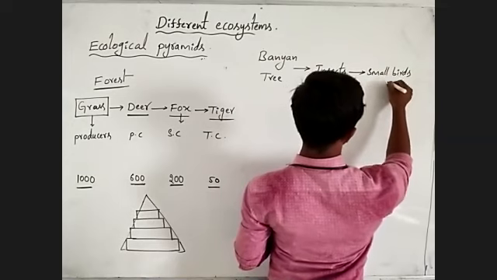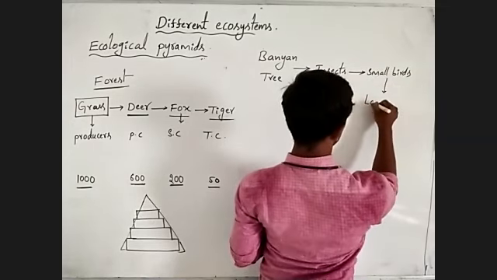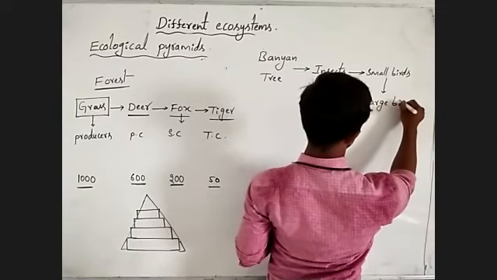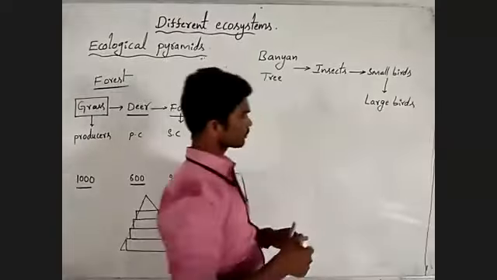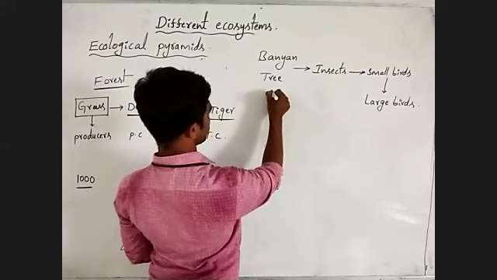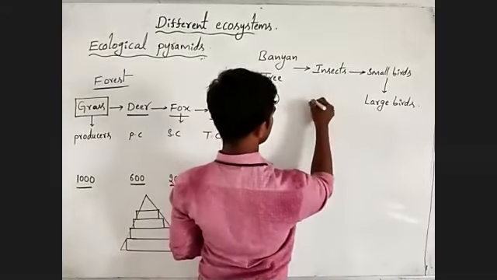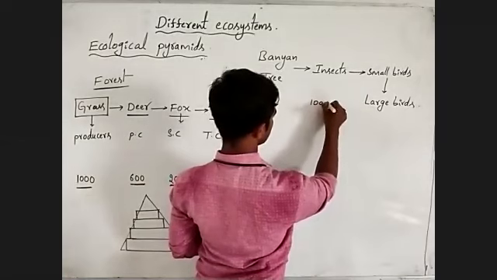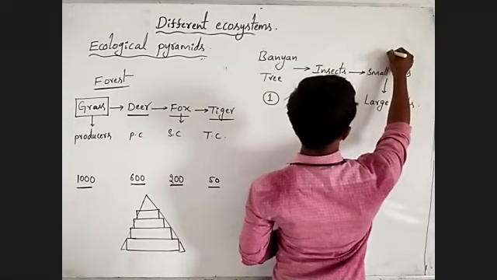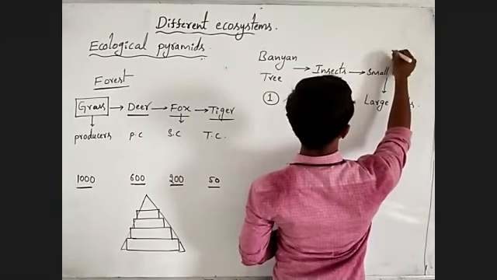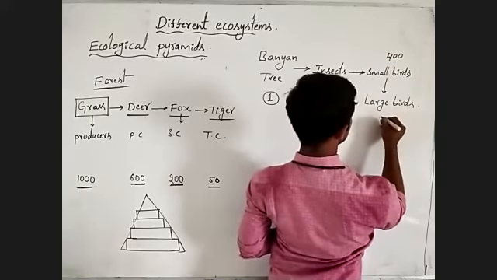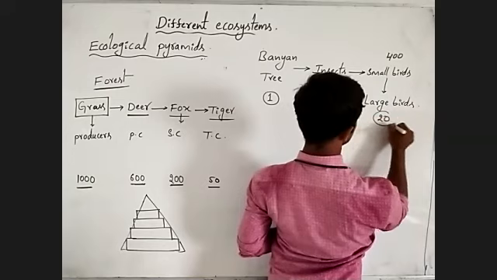Next, large birds. Here, banyan tree means only one. The number is only one. Here, for example, insects 1000. Okay. Next, small birds 400. Okay. Here the number of large birds is 20.